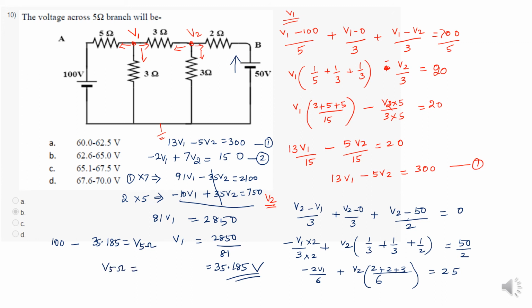Have to find out the value using calculator. 100 minus 35.185. So what is the answer? 64.815, and the answer is in volt. That's the correct answer. That's option B. Okay, next.